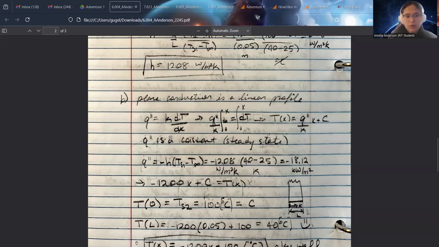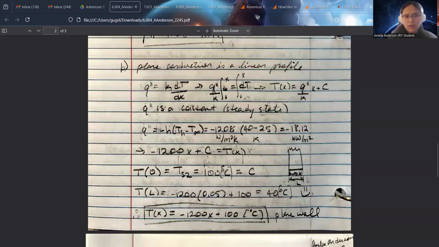And because of our surface energy balance, the heat flux coming in from the wall is the same as what's leaving in the water. So we know that this is going to be equal to whatever we get over here.